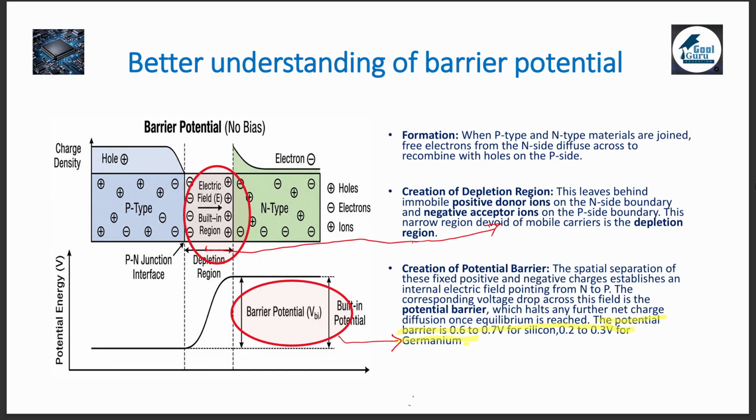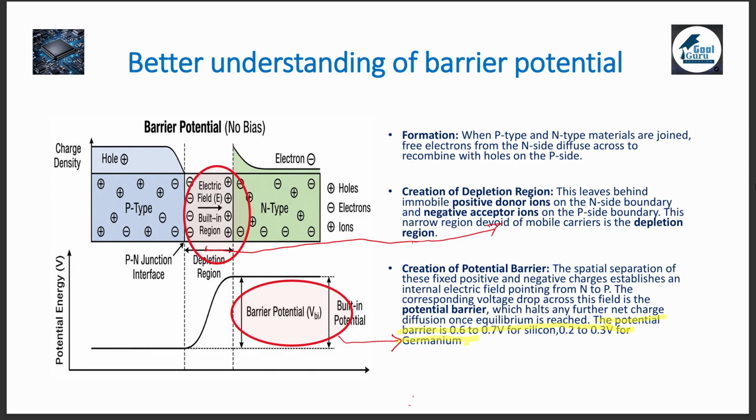Therefore, let us quickly understand the barrier potential. We have already seen what will happen if P and N type materials are joined. We have also seen what is meant by depletion region, right? And how the electric field is created.